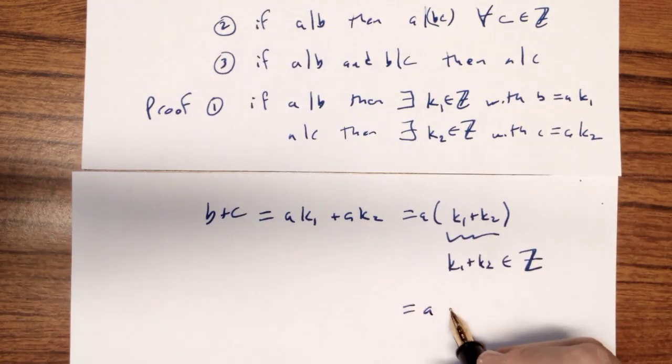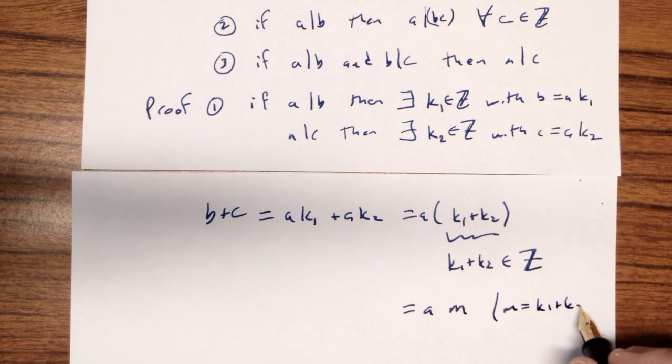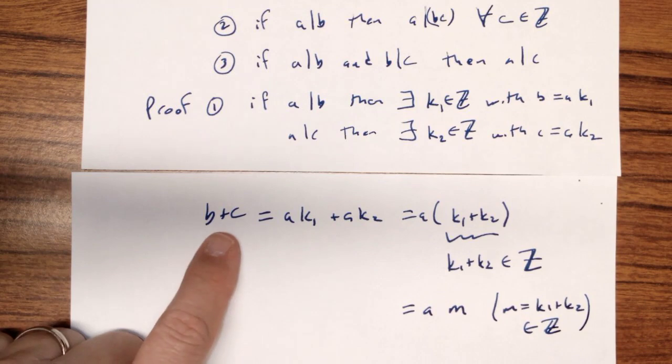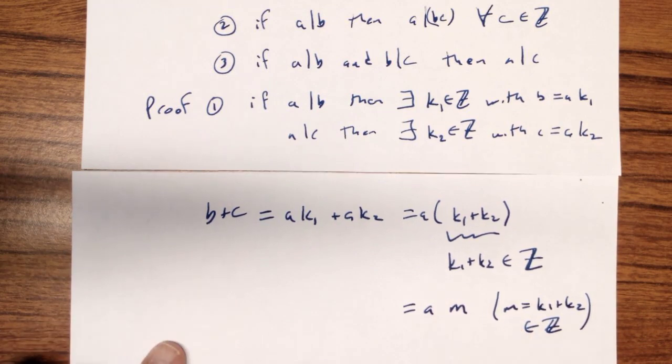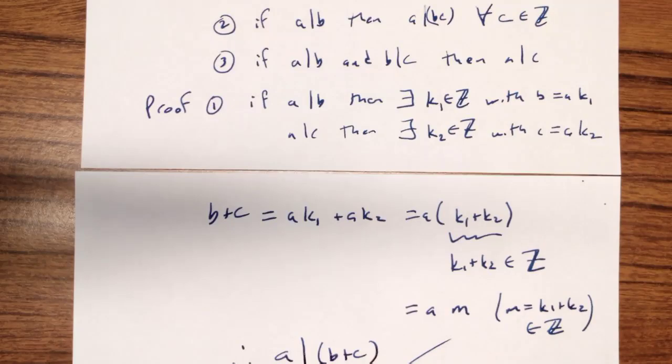Equals AM, where M equals K1 plus K2 is an element of Z. Wait a minute. B plus C is A times something where that something is an integer. Therefore, A divides that thing. Poof. Wonderful. That's exactly what I wanted to prove.